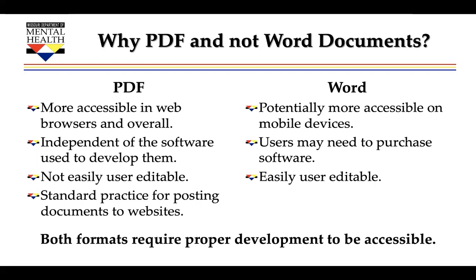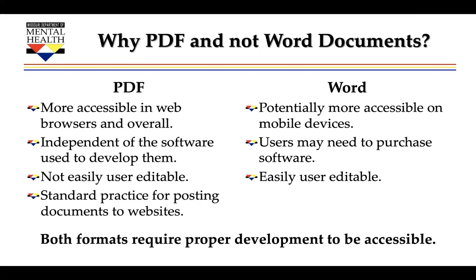And so depending on the individual document and the individual mobile device being used, in some cases, a Word document can achieve more accessibility for the end user than if they were using a PDF document for that same content on that device. But really, that's a limitation of the device itself and not a limitation of the format of the original document.